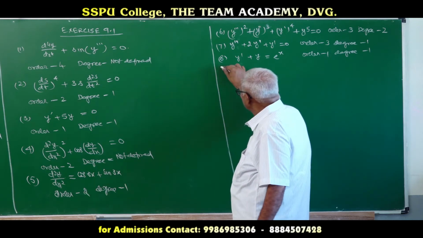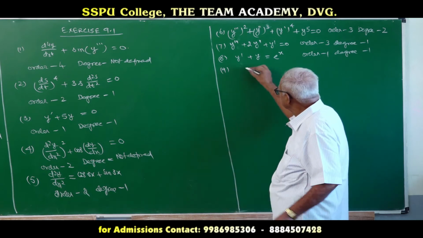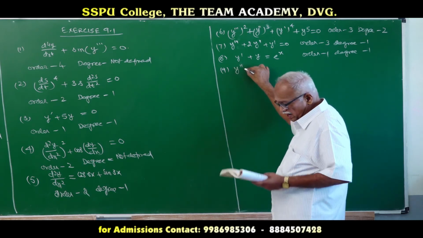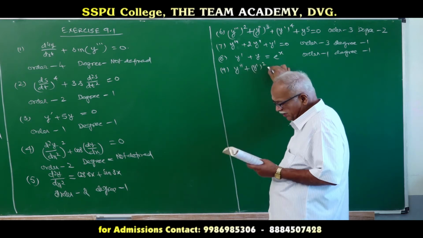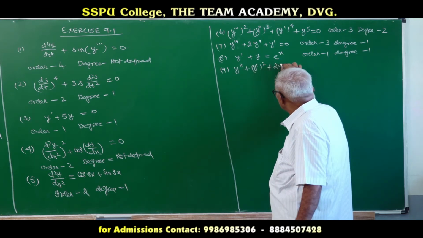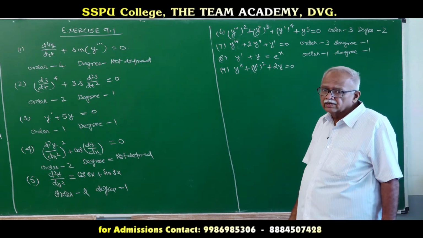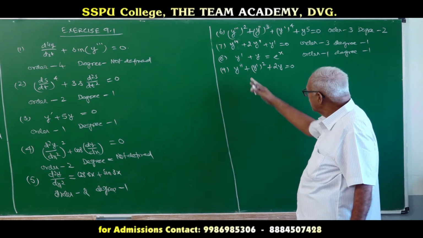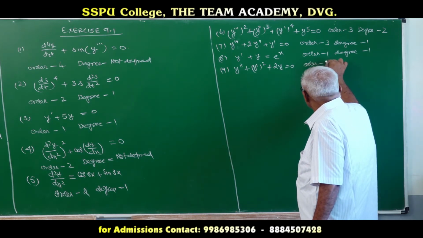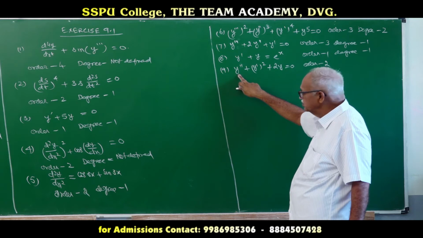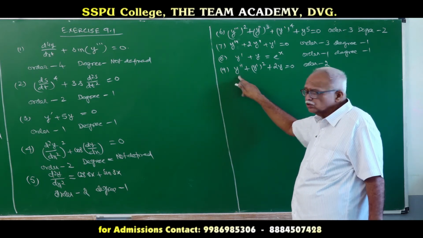Now 9th question. y2 dash plus (y dash) whole square plus 2y is equal to 0. All of you will be able to tell the order and degree for this. The highest order is the second order, here y2 dash is there, and the degree of y2 dash is 1.